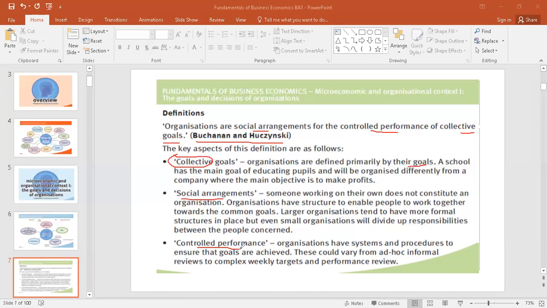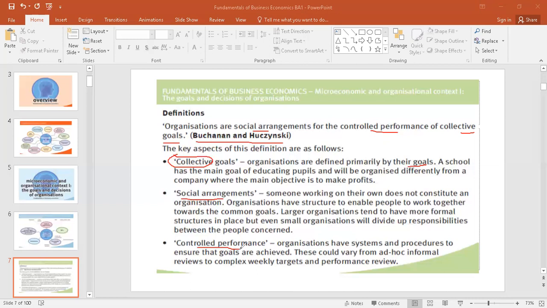See, if it is just one individual, then the individual knows what is the goal which he or she wants to achieve. But here, when a group of people come together, they may not have the same perspective, they may not have the same vision in which they can proceed further and achieve the goal.